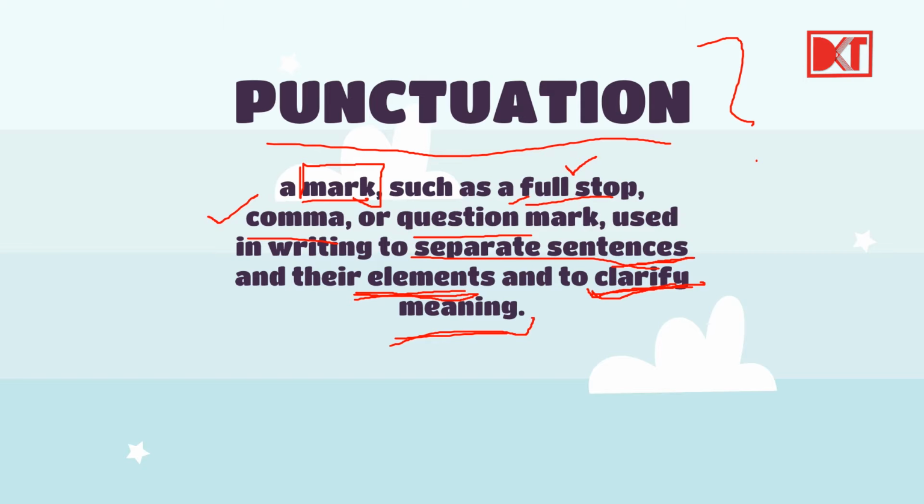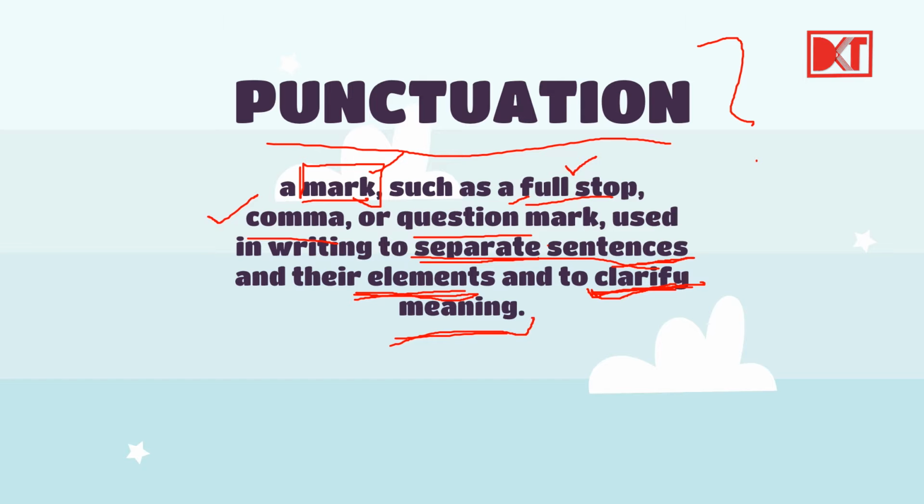And what will a question mark tell us? That this is a question. So in this way, to clarify meaning. So this is the basic definition of punctuation. You should have a basic understanding of what punctuation is. These include marks, full stops, commas, question marks, which are used in writing to separate the sentences and their elements and to clarify meaning. Alright, I hope the meaning is clear.